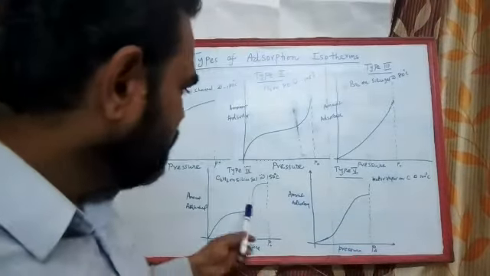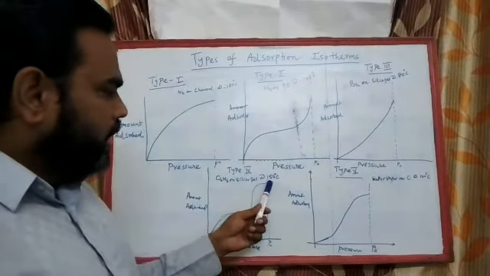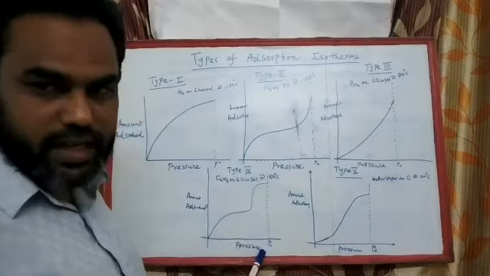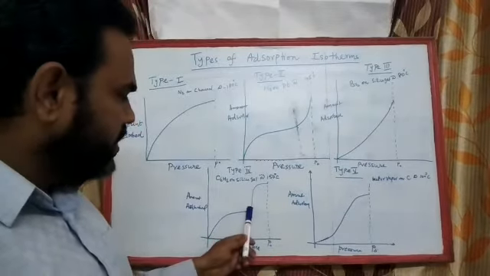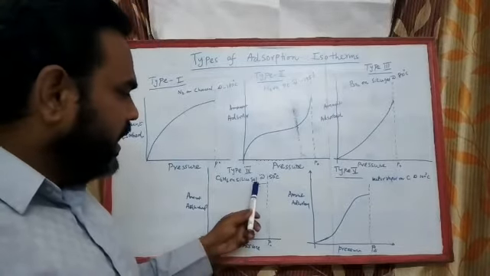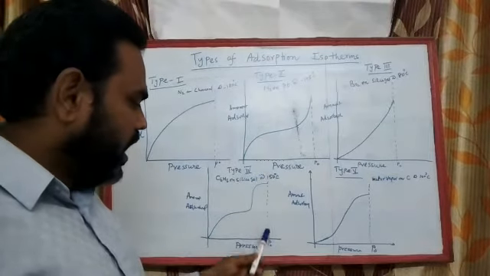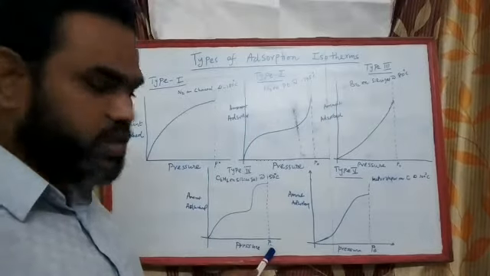Type 4 is adsorption of benzene on silica gel at about 150 degrees centigrade. Here you will find the adsorption increases, reaches a saturation, and then with the further increase of pressure, the second layer of adsorption starts, and that remains constant at a certain pressure called saturation pressure P0.